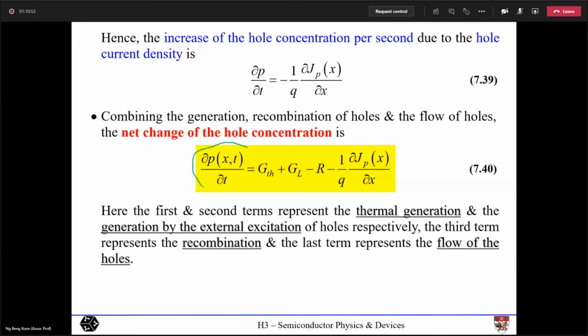We modify it to take into account that it is dependent on position and time. On the left hand side, we have the hole concentration as a function of position and time, and we take a partial derivative with respect to time. On the right hand side, other than the three terms that we have used, we need to add this additional component which accounts for the effect of current flow.